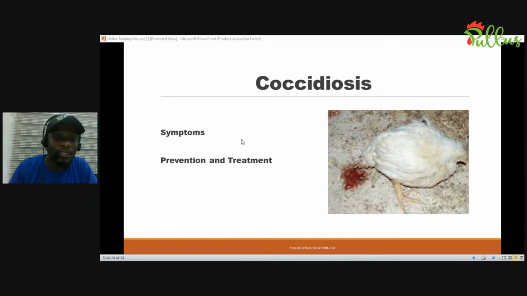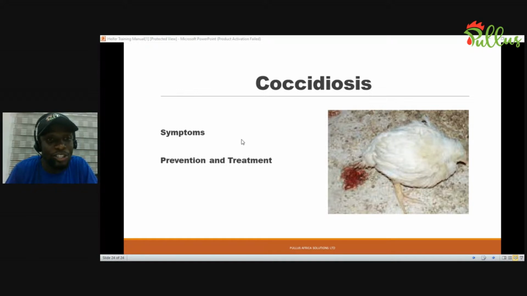Very, very important to note that if you're also managing this problem, if your birds come down with coccidiosis, once you start treatment, ensure that you change your litter because, like I mentioned, the causative organism for this disease usually thrives inside a wet litter.